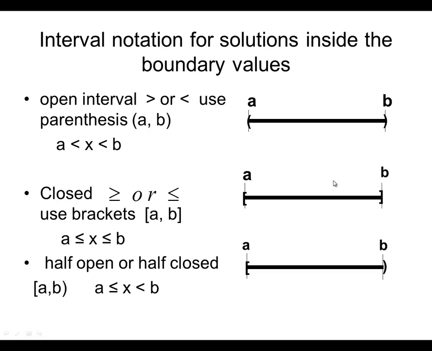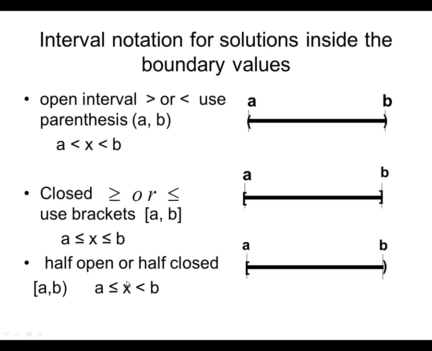So x is going to be all values in between a and b, including a and b. Whereas with these, it was greater than or less than, does not include a, does not include b. There is no equal to there, so these are open parentheses.